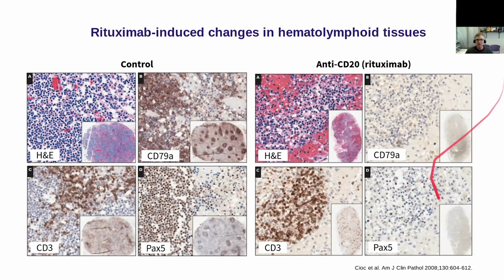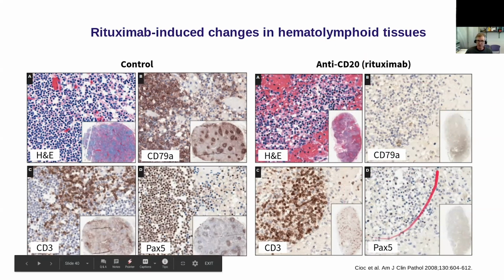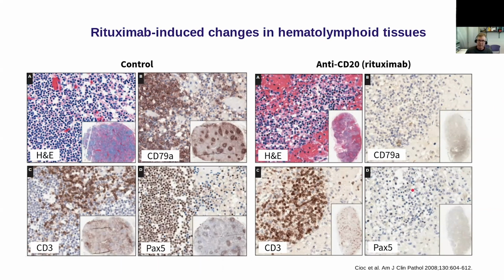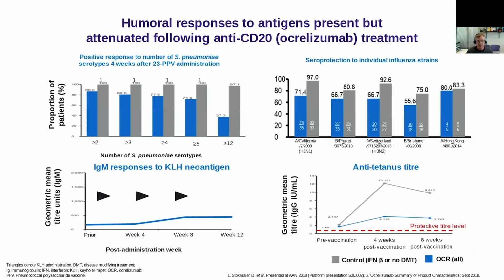And you can see in the anti-CD20 rituximab treated patient, those germinal centers are gone. So this is why patients that are on anti-CD20 therapy don't make very good immune responses to new antigens, okay? And they don't make very high affinity ones, and they often have blunted responses. And this is relevant in terms of vaccines.